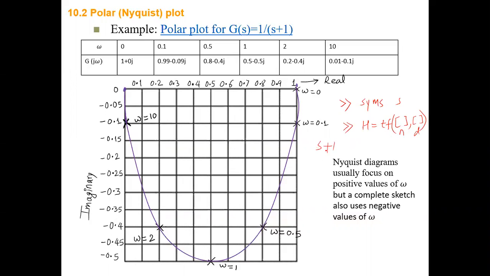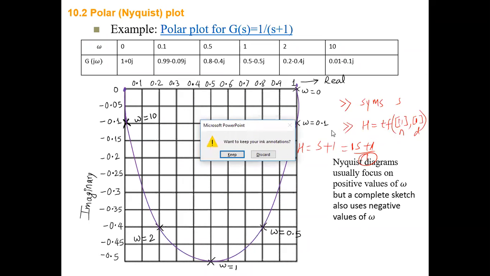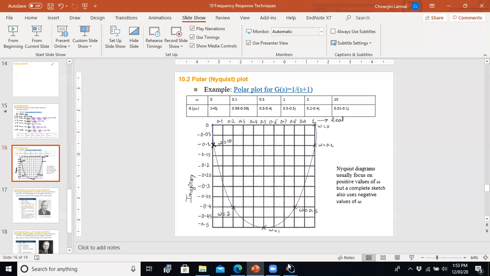I'm doing s plus 1, so my H is s plus 1 over 1. My denominator is 1, and in the numerator you have 1 and 1, right? That's why 1, 1. That's what I did. Hope that makes sense.